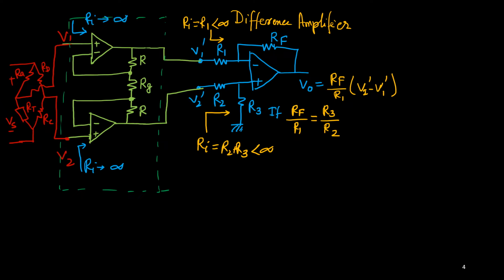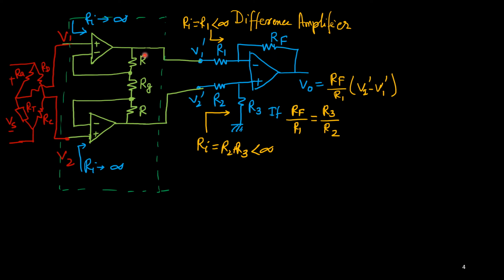So as the input impedance for both amplifiers is infinite, this bridge circuit is not at all disturbed because of this connection. So these two circuits are isolated. Whatever difference will be there, V2 minus V1, we can amplify it by this difference amplifier.